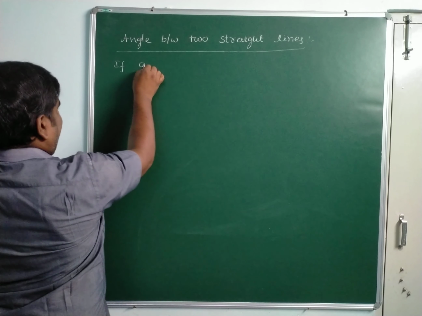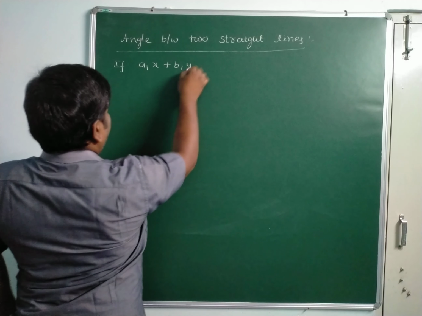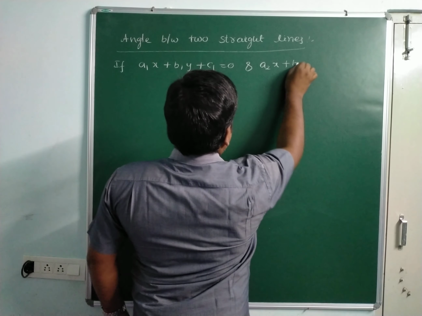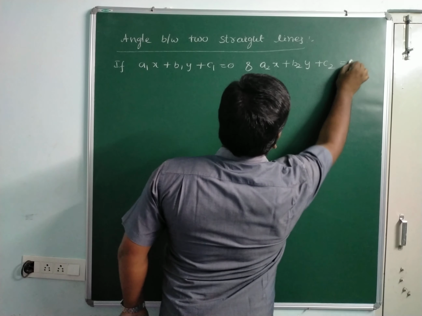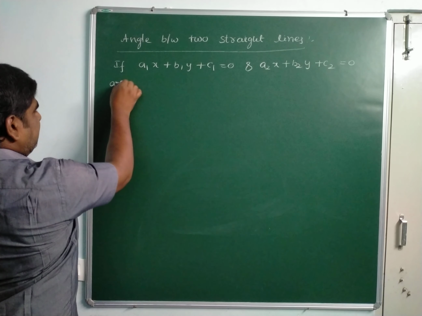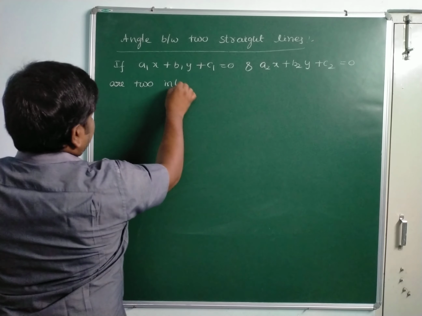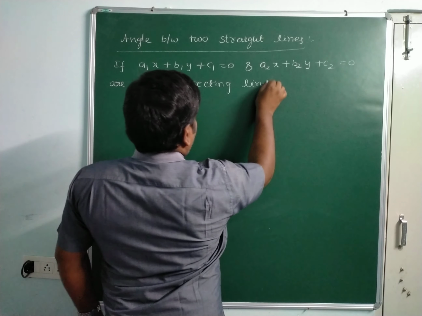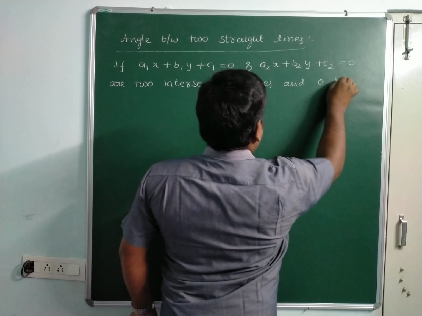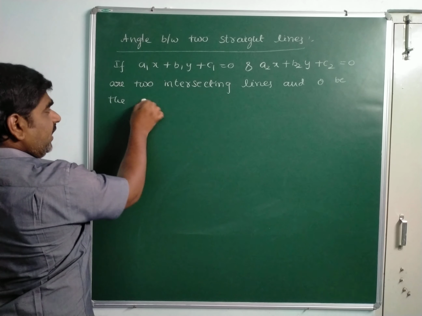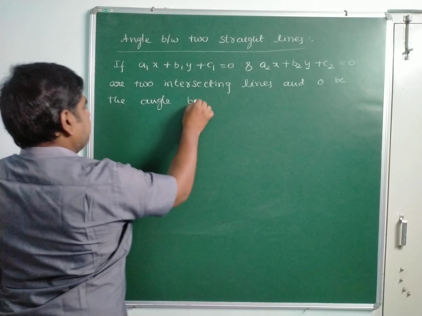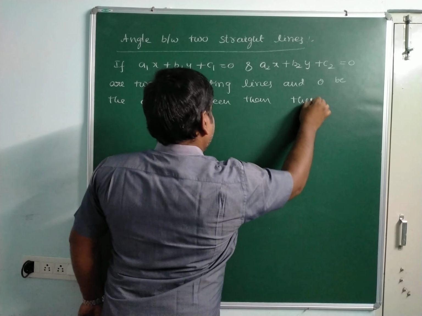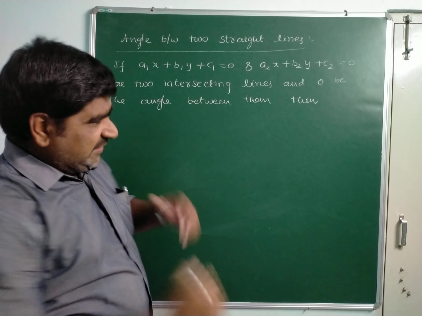If a1x plus b1y plus c1 equals 0 and a2x plus b2y plus c2 equals 0 are two intersecting lines and theta be the angle between them, then we have three different formulas.